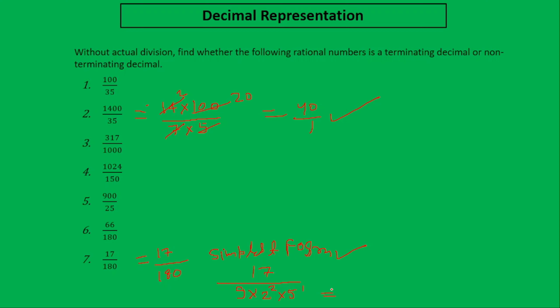So it's 9 into 2 to the power 2 into 5 to the power 1. So it's not equal to 2 to the power m into 5 to the power n. Hence non-terminating but repeating. This will be.